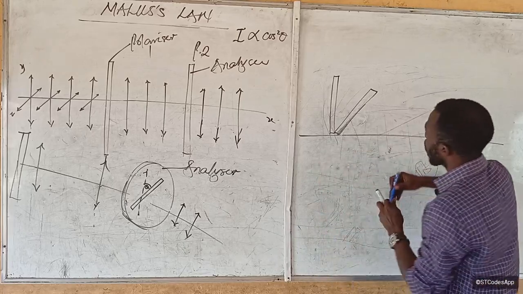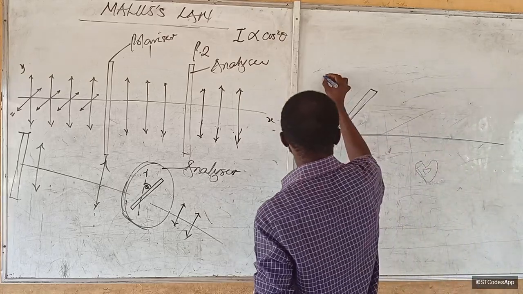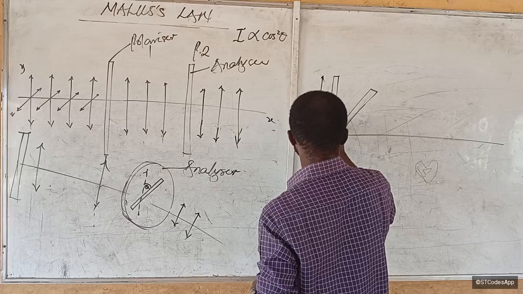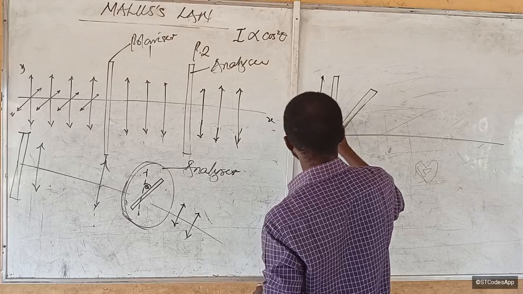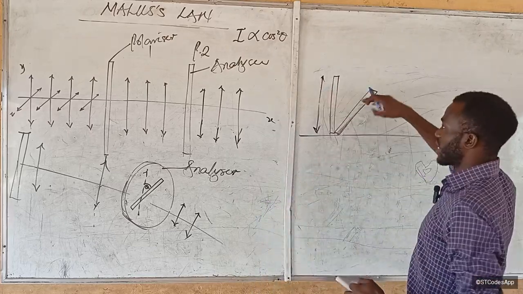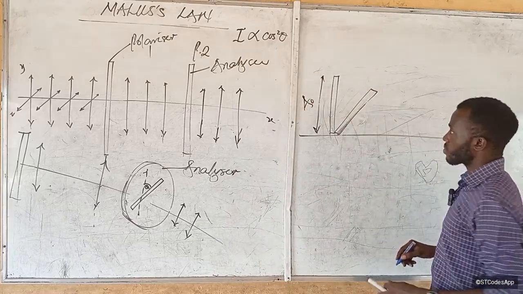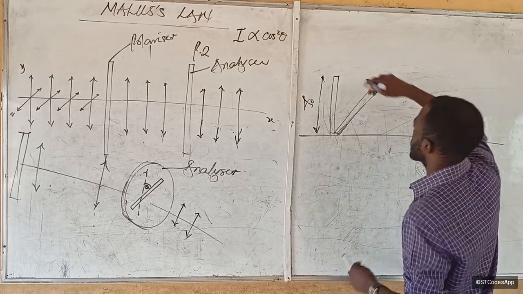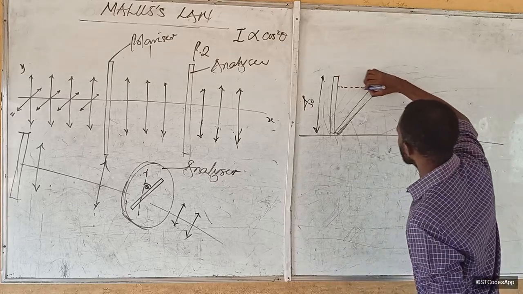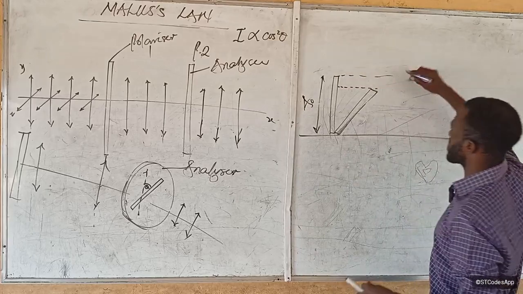Okay. So what happens is that, assuming the ray of light that is coming like this has amplitude A0. By the time it gets here, some of the amplitude would have disappeared, would have been absorbed.